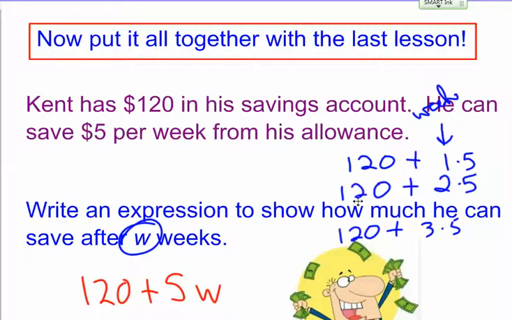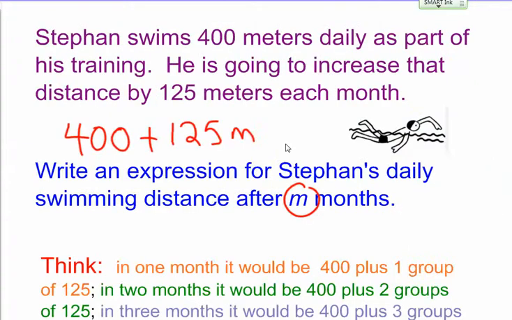In 2 weeks, he'll have $120 plus 2 groups of 5. In 3 weeks, he'll have $120 plus 3 groups of 5. So in W weeks, he'll have $120 plus W groups of 5. And the way we write W groups of 5 is 5W. Remember, the number goes before the variable when you're multiplying in a variable expression or an algebraic expression.